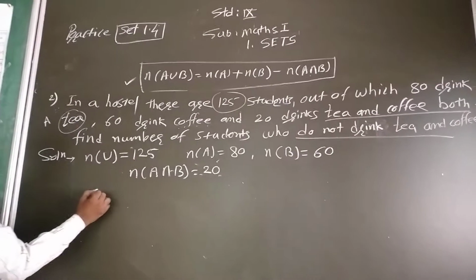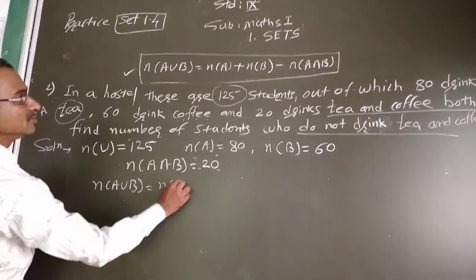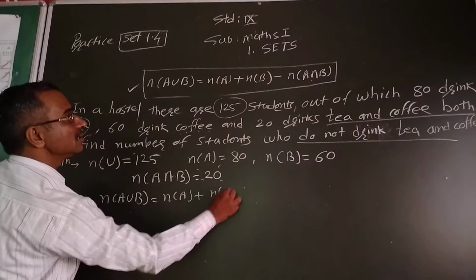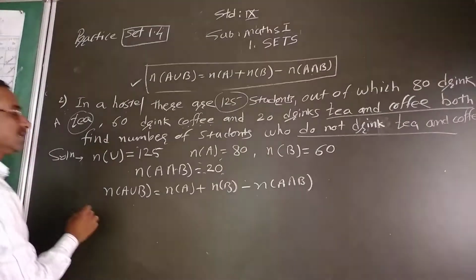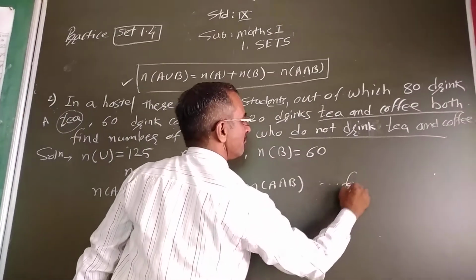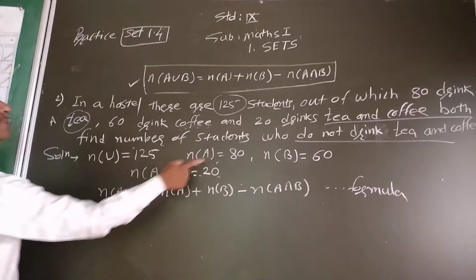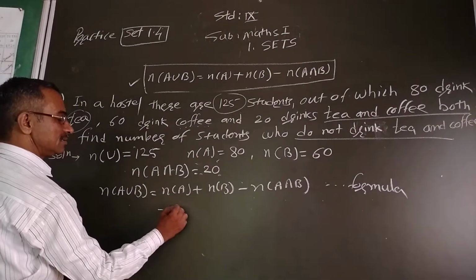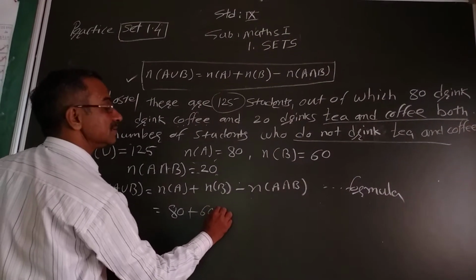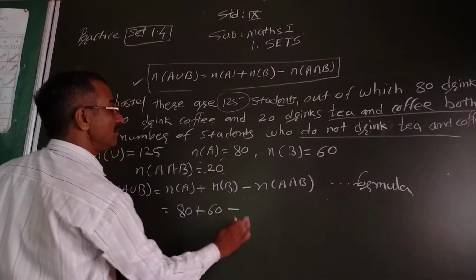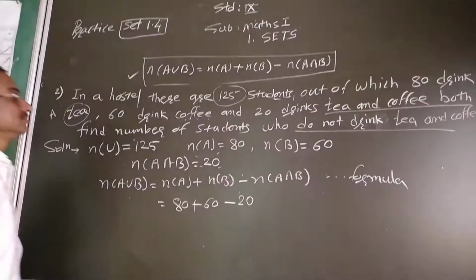So again by writing this formula and substituting the values in the given formula. This is our formula. Substituting the values, number of elements in A, this is 80. Number of elements in B, 60. Minus number of elements of A intersection B, 20.